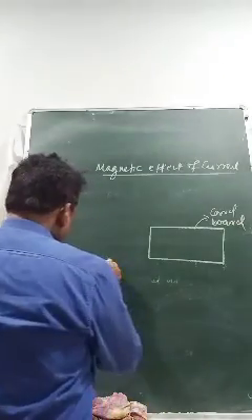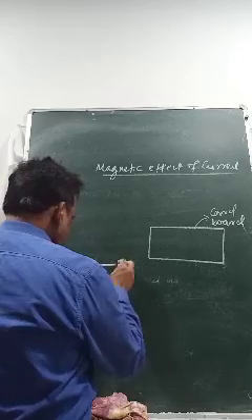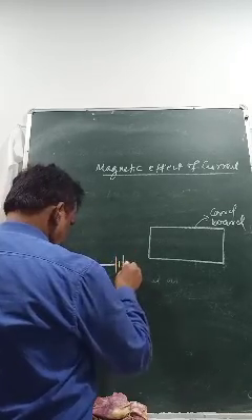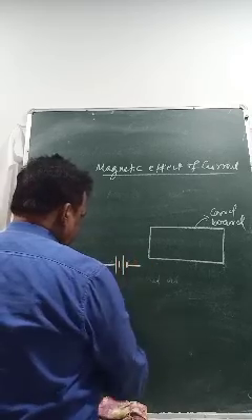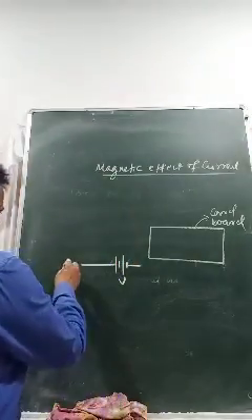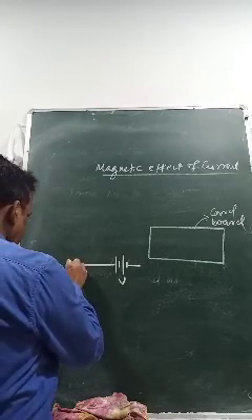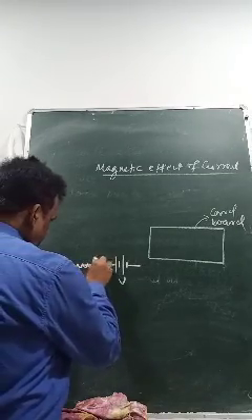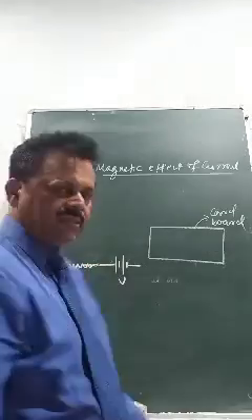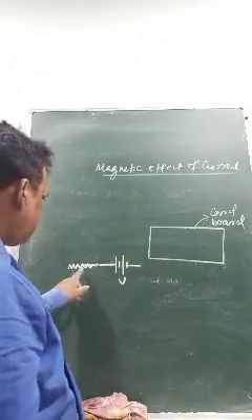So what I do is, I take cells. I have taken potential difference. Then I have taken a rheostat. Rheostat means this controls the resistance box.